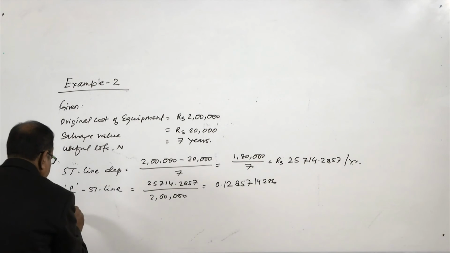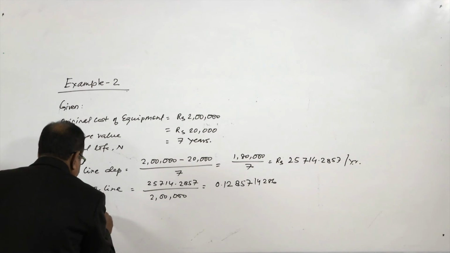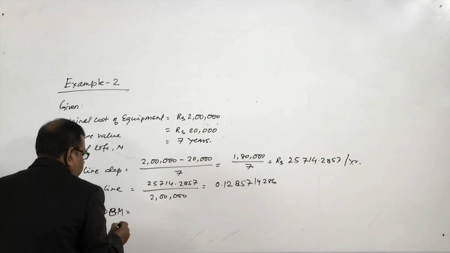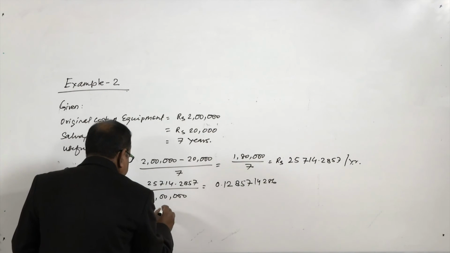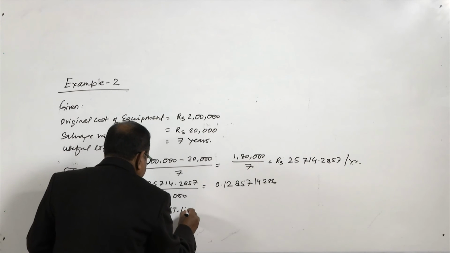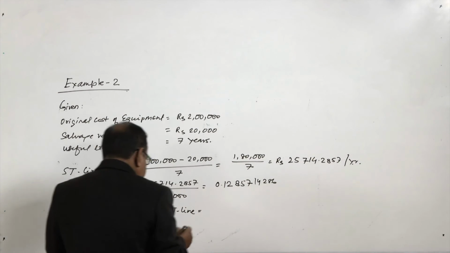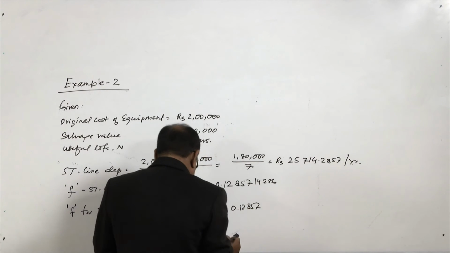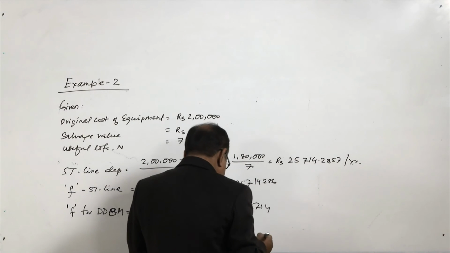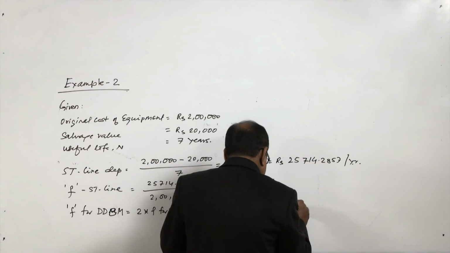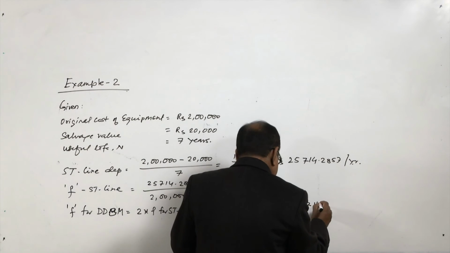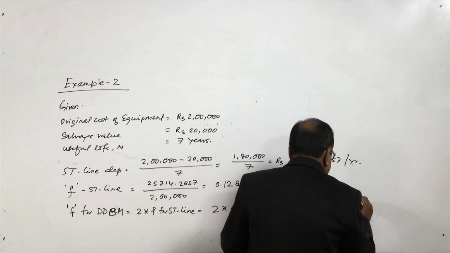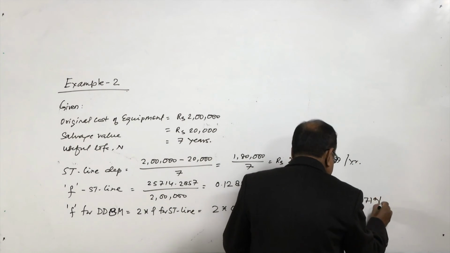Now, thus f for DDBM is equal to 2 into f for the straight line method, is equal to 2 into 0.12857 14286, which comes out to be 0.25714286, that is around 25.71%.